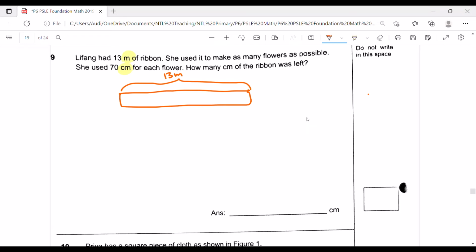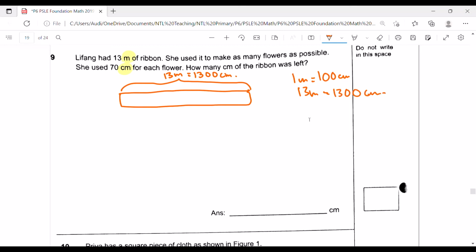So what will we do? We're going to change the 13 meters to cm. So 13 meters to cm is times 100, because 1 meter is equal to 100 cm. So 13 meters is 1300 cm.